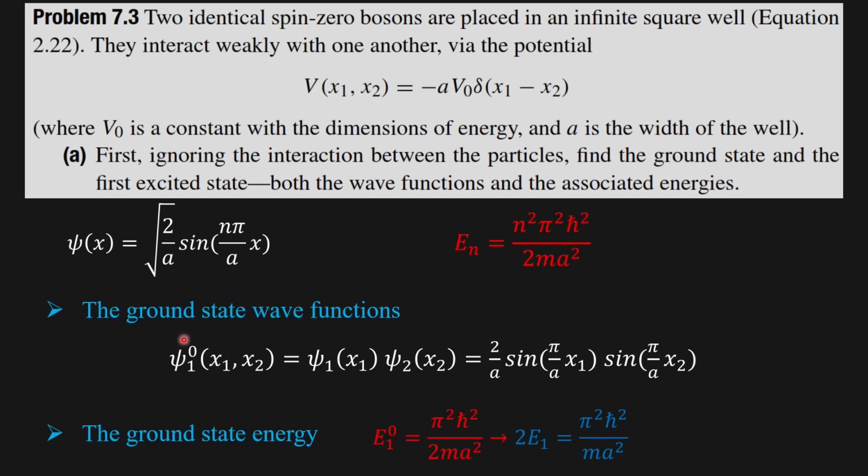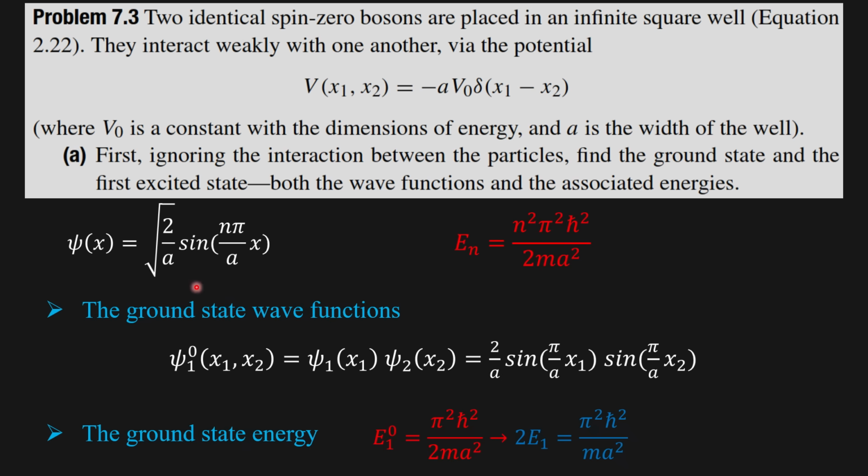Then the ground state wave function psi 1 0 of x1, x2 can be written as psi 1 of x1 multiplied by psi 1 of x2, because it's a non-interacting one. So we know the wave function is this.